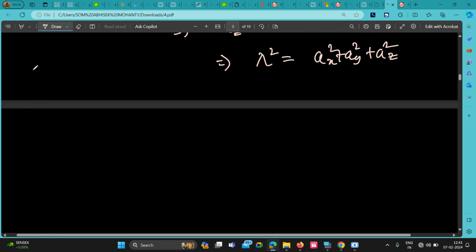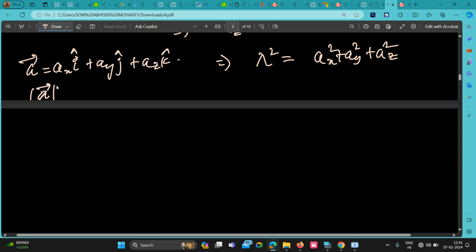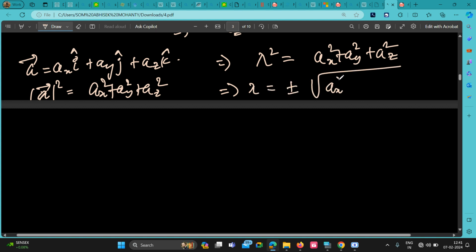Now tell me, A vector is what? Ax i cap plus Ay j cap plus Az k cap. So A² will be Ax² plus Ay² plus Az². So lambda will be plus or minus the square root of Ax² plus Ay² plus Az².